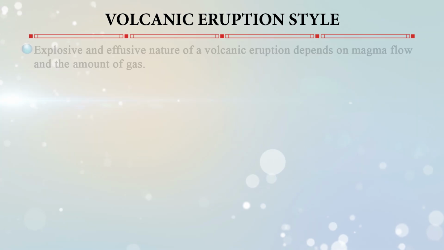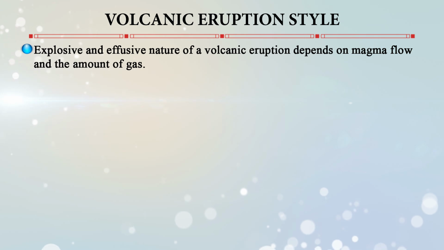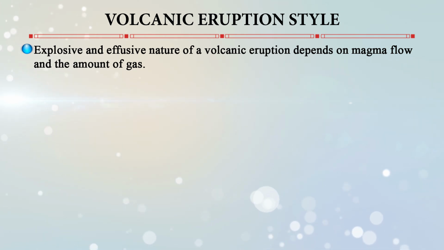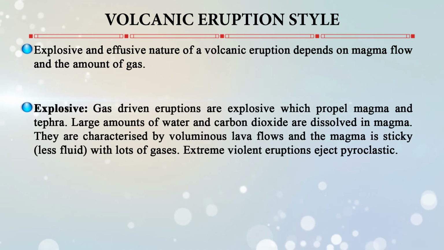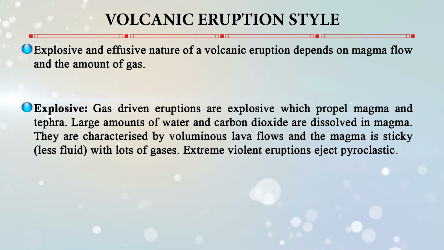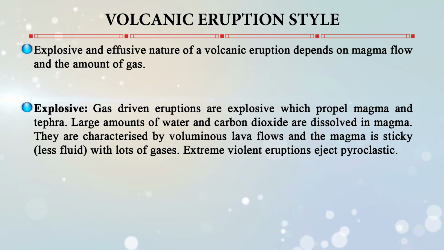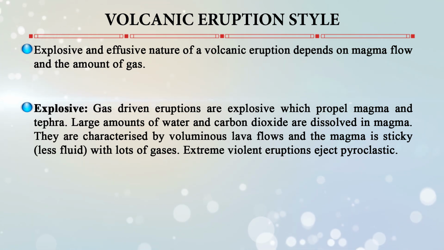Then classification is also done on volcanic eruption style. Explosive and effusive nature of volcanic eruption depends on magma flow and amount of gas. It is called explosive when it is gas driven eruptions, which propel the magma and tephra.